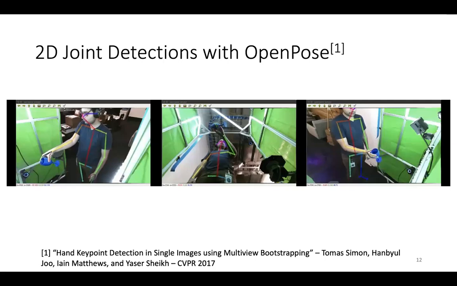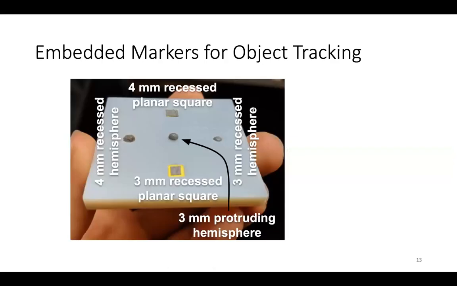But first, the object is also being tracked in these videos, and for that we need some markers on the object. Now, the main issue with how markers have traditionally been used for tracking is that you get these retro-reflective markers, which are coated with a special material that is highly reflective in the IR domain, and that is what those OptiTrack cameras are tuned to capture.